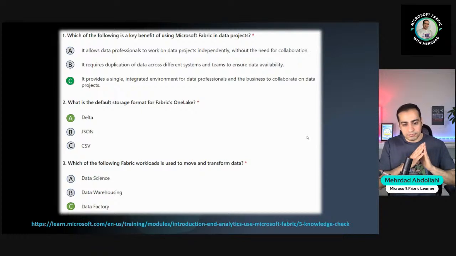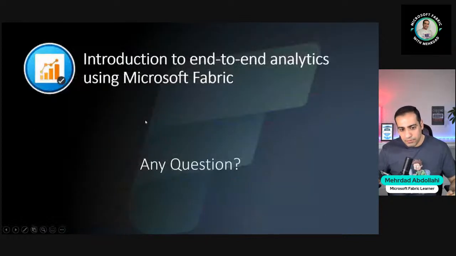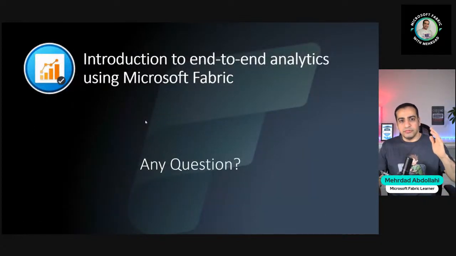And we use Data Factory for loading data, moving data, and then transforming the data. So we are finished with the first module. If there is any question, you can write in the chat and we can answer that.